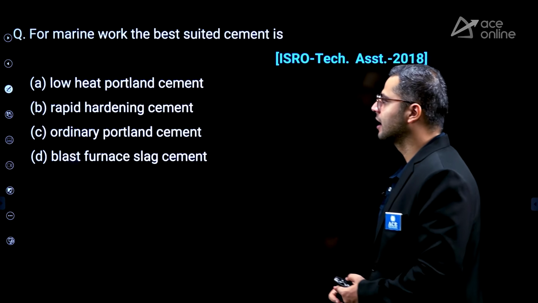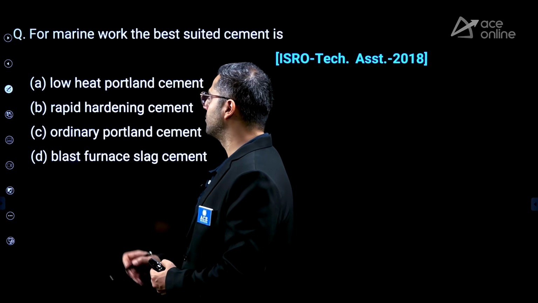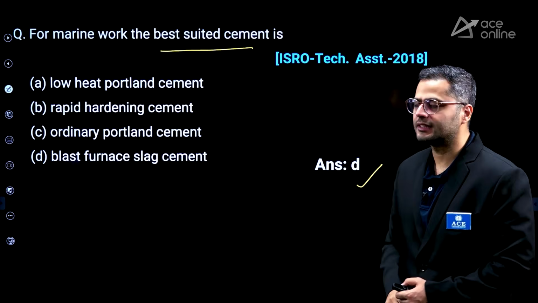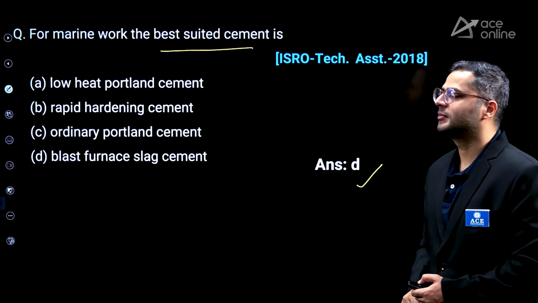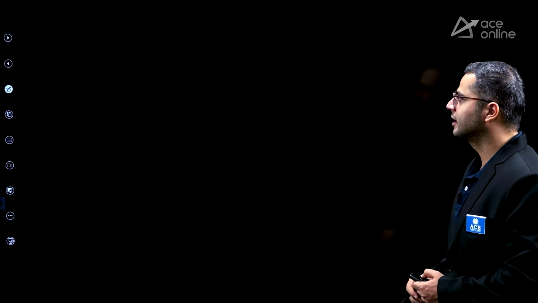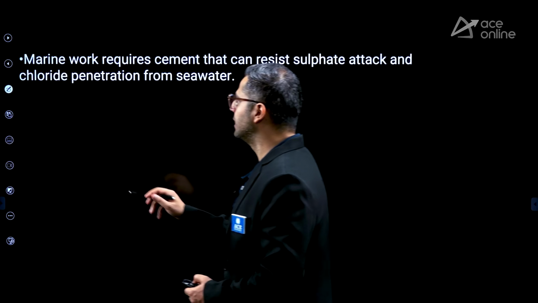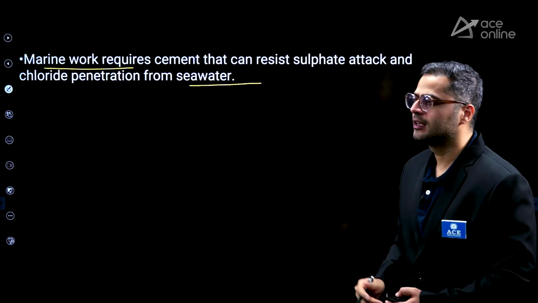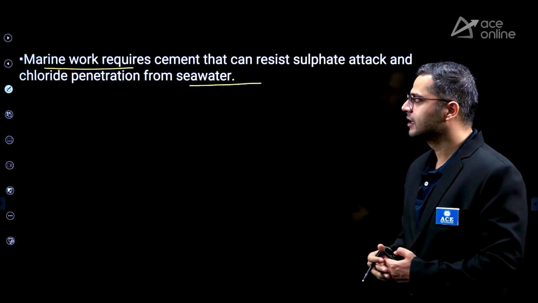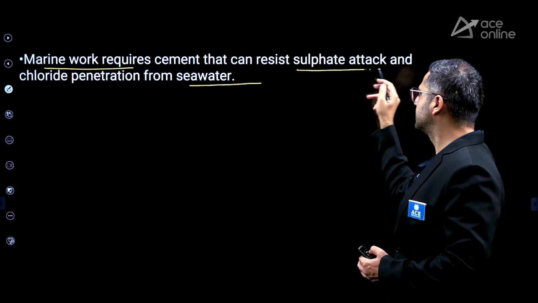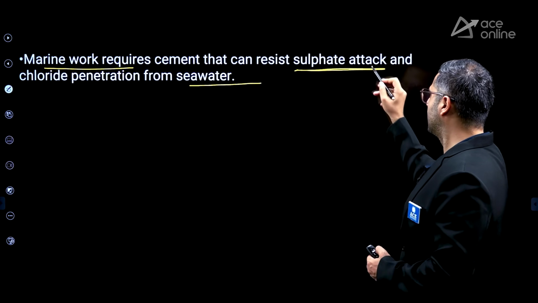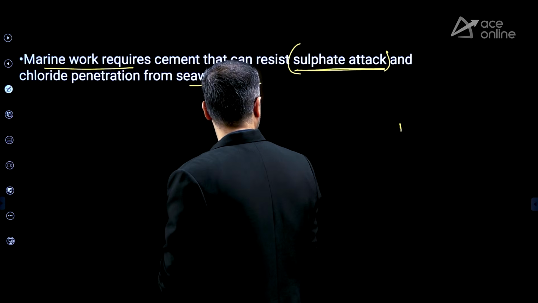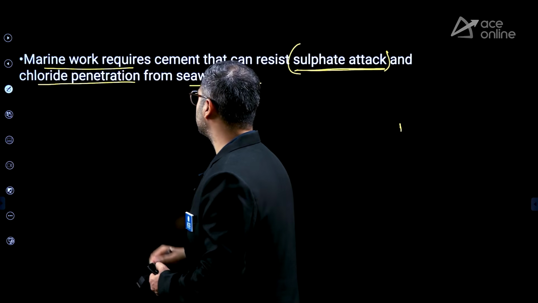Keep this in mind. Next one is, here they are saying for marine works, the best suited cement is. So the best suited cement will be blast furnace slag cement. Now blast furnace slag cement has a special property that it is helpful especially in the case of marine works and any kind of work related to water. Over here, it can resist sulfate attack. This is the special property of blast furnace slag cement, and chloride penetration from seawater can also be prevented.